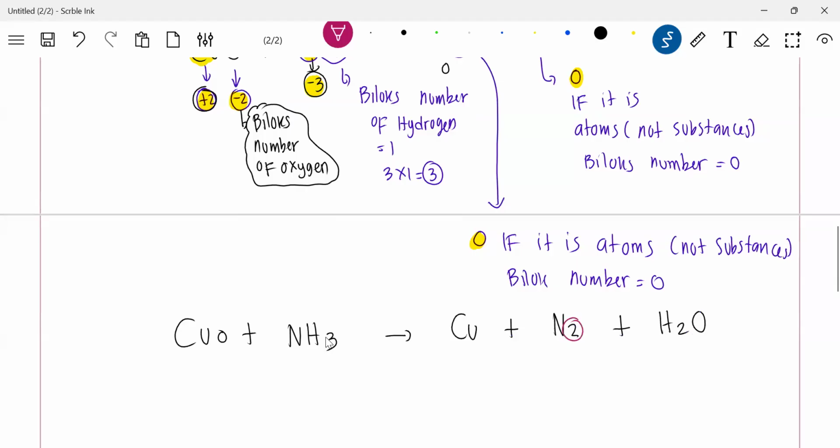This is N2, so you can write down 2 to make it balanced. Understand? This is 2N. So the nitrogen is 2.